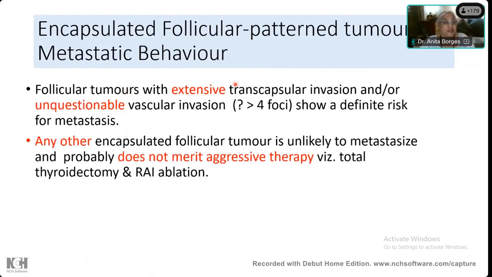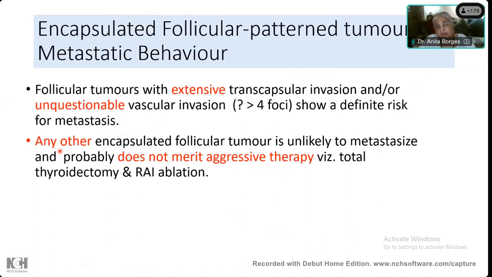So, this is really the bottom line. Follicular tumors with extensive transcapsular invasion or unquestionable vascular invasion show a definite risk for metastasis, okay? Any other extensive transcapsular invasion, it doesn't mean just one little nodule.